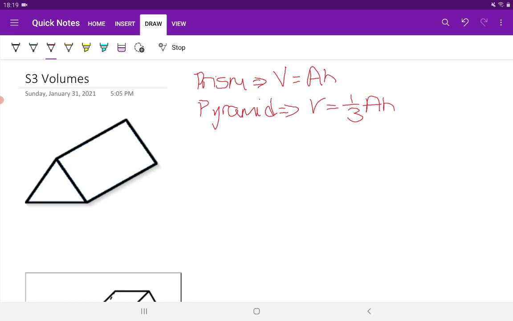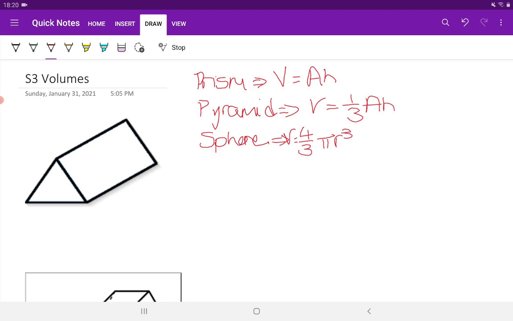So the volume is going to be a third of the area times the height. So all we do is work it out as if it was a prism, but then divide it by 3. And then the last one, the volume for a sphere is a wee bit more complicated. It's the volume equals 4/3 pi r cubed.